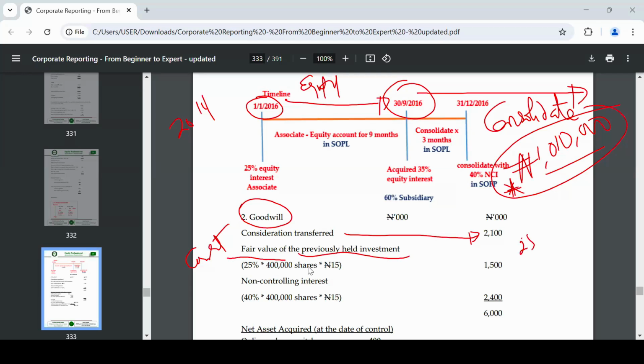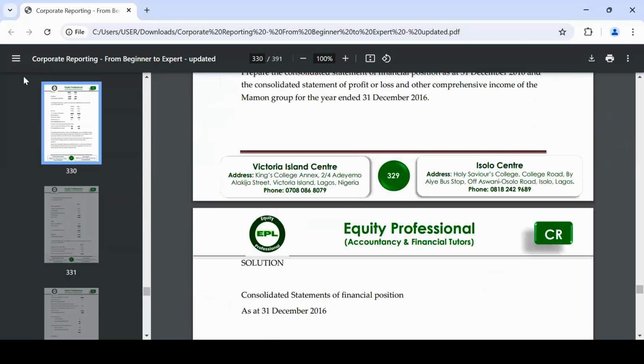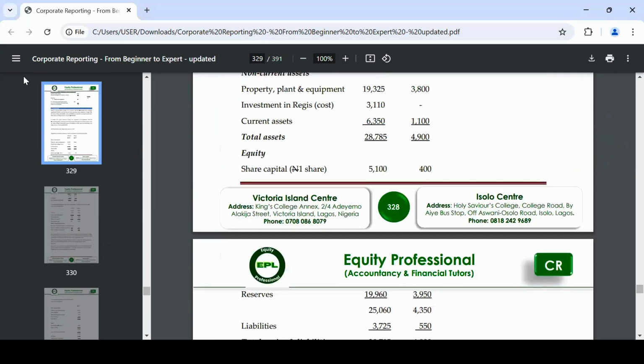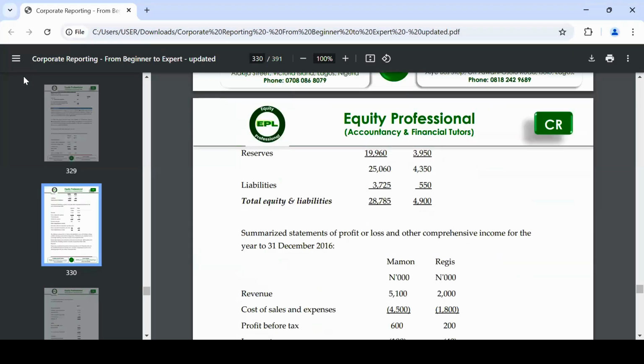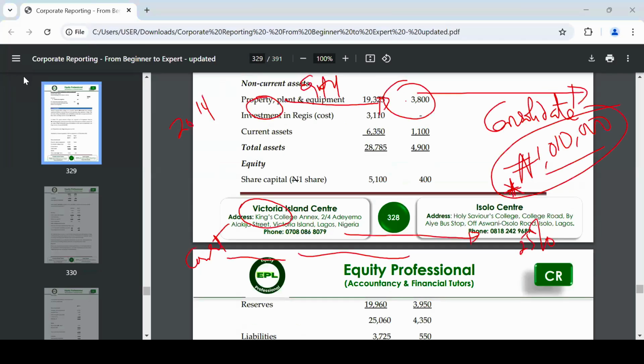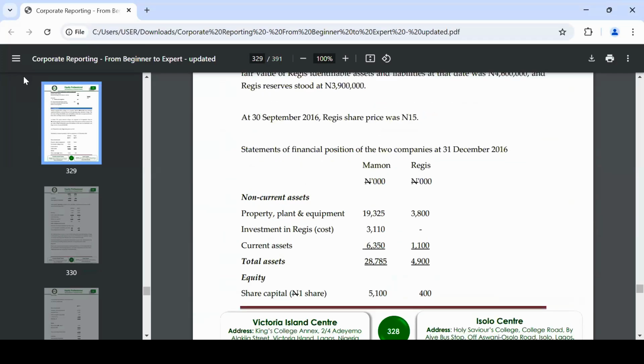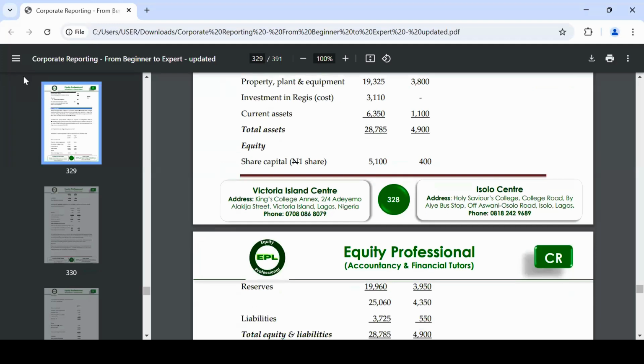So the question will be, what is the previously held investment? We add 25% of the total shares of the subsidiary. How do we know the shares of the subsidiary? We can always go back to the question. When you come to the statement of financial position, you will see here, this company had 400,000 as their share capital.